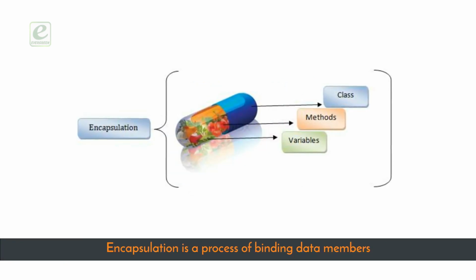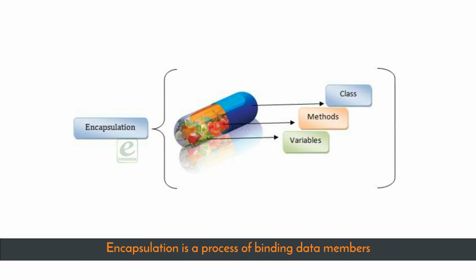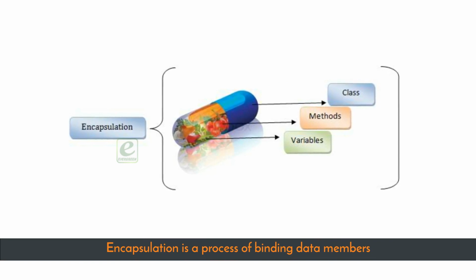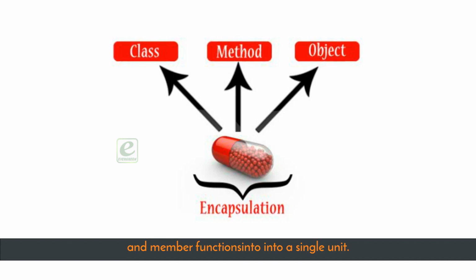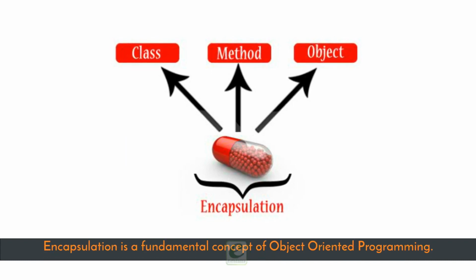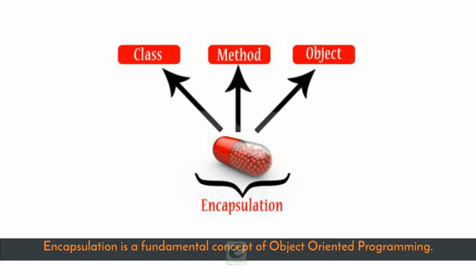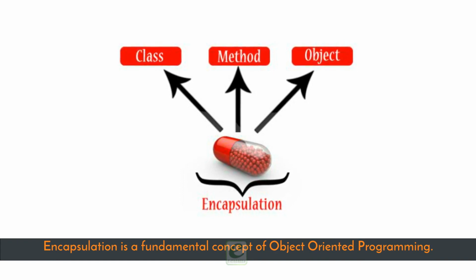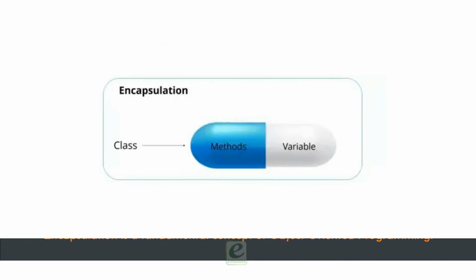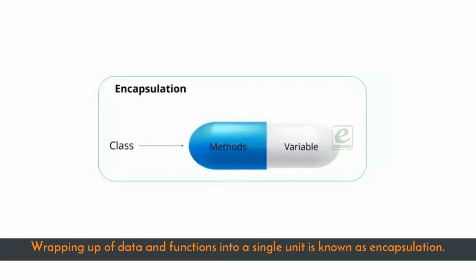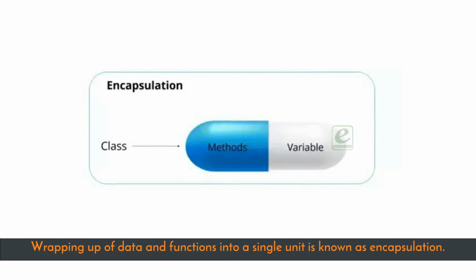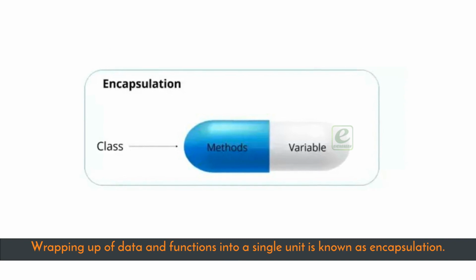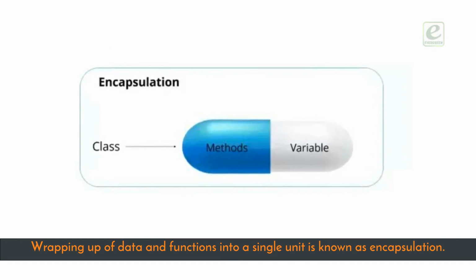Encapsulation is a process of binding data members and member functions into a single unit. Encapsulation is a fundamental concept of object-oriented programming. Wrapping up of data and functions into a single unit called class is known as encapsulation.